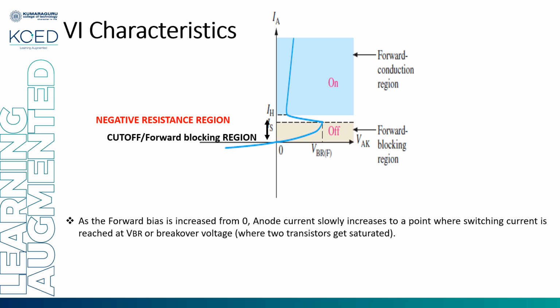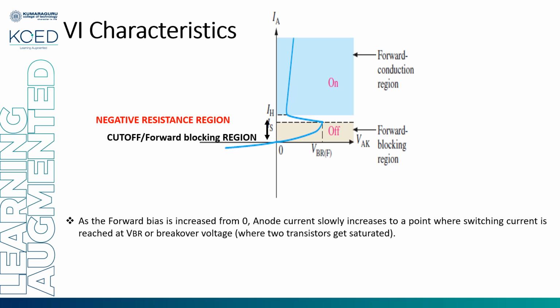The next is the negative resistance region. Why is it called the negative resistance region? Normally, as the voltage increases, the current has to increase. When this proportionality between V and I is not satisfied, and it is the opposite, such that when voltage increases, current decreases, or when voltage decreases, current increases, this is called a negative resistance portion.